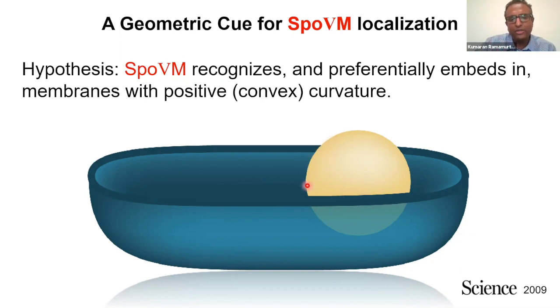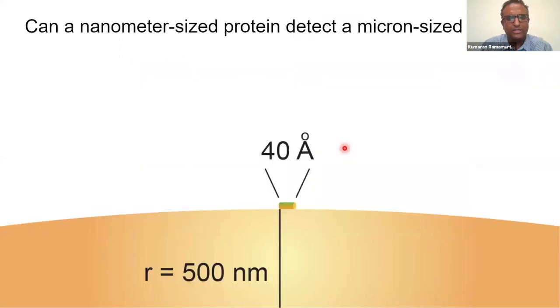So this is the only surface in the cell that has a convex or positively curved membrane. So this is like the surface of a basketball. The other membranes that are inside the cell are all concave or negatively curved. So that's going to be like the inside of a salad bowl. So our hypothesis was that this protein somehow is able to recognize the surface of a basketball versus the inside of a salad bowl. So how do we go ahead? I mean, it's a crazy hypothesis, but it was testable. So we wanted to go ahead and start testing.